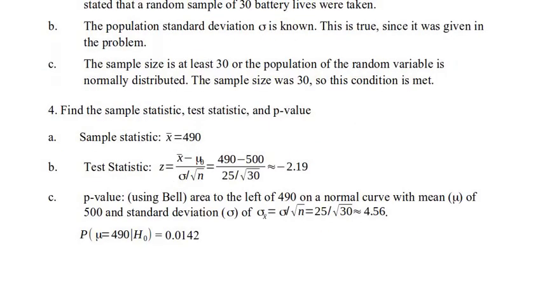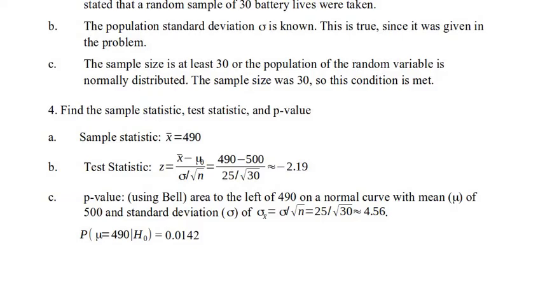Now we're asked to find the sample statistic, the test statistic, and perhaps most important of all, the p-value. The sample statistic came from our 30 batteries. They had a mean life of 490 days. The test statistic is z. That's counting in standard deviations of the sample mean how far our sample statistic is from the population mean claimed by the manufacturer.